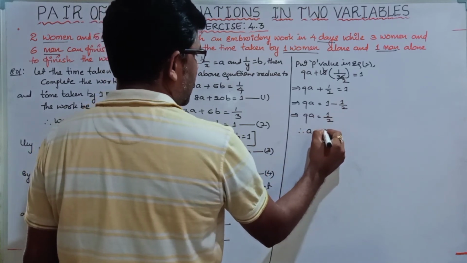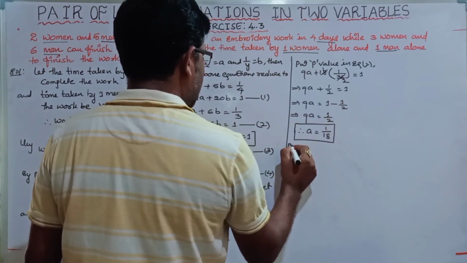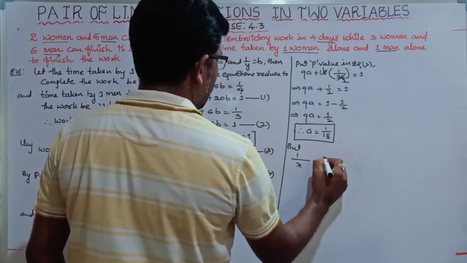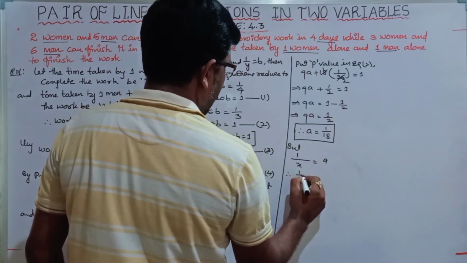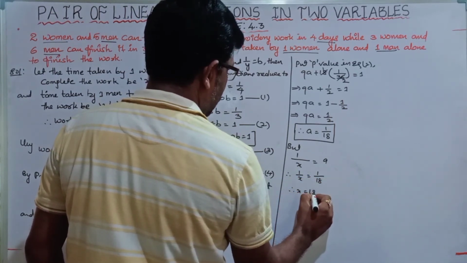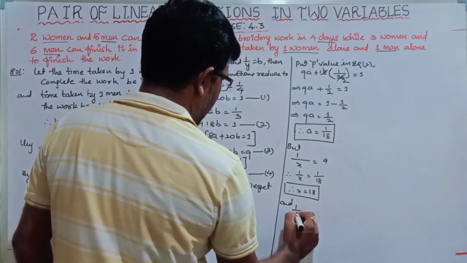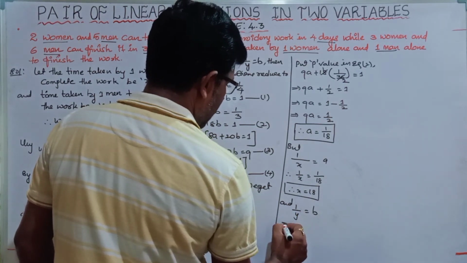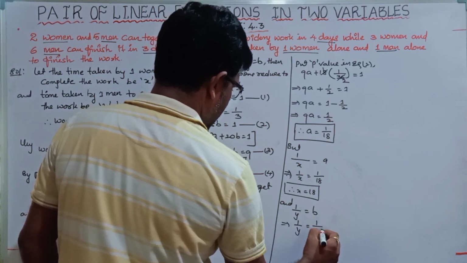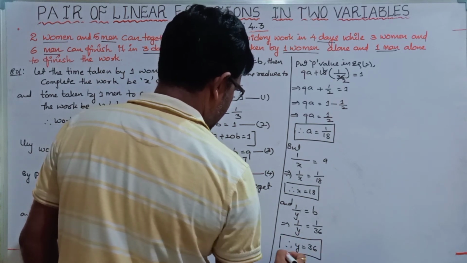Therefore, a is equals to 1 by 18. But 1 by x is equals to a. Therefore, 1 by x is equals to 1 by 18. x is equals to 18. And 1 by y is equals to b. It implies 1 by y is equals to 1 by 36. Therefore, y is equals to 36.